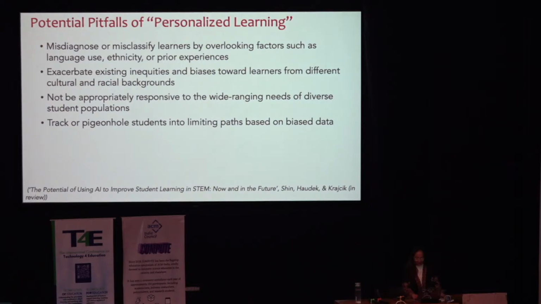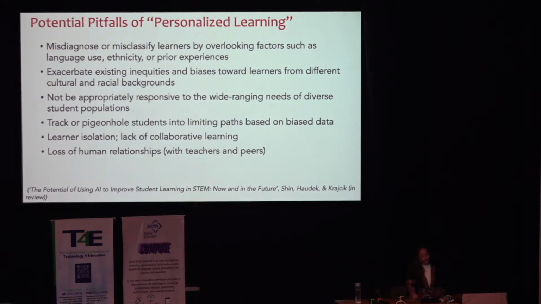We haven't tested any of this yet with generative AI, and people are still already so excited. Learner isolation: it could corrode the social culture of the classroom, the social climate, and cause loss of human relationships. If students are increasingly just working and interacting with bots, what does it mean for those human relationships that education is about?